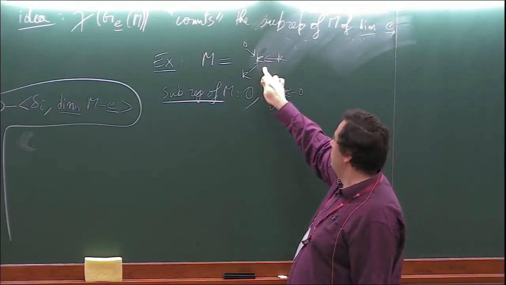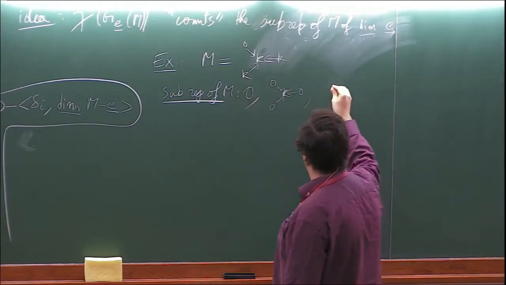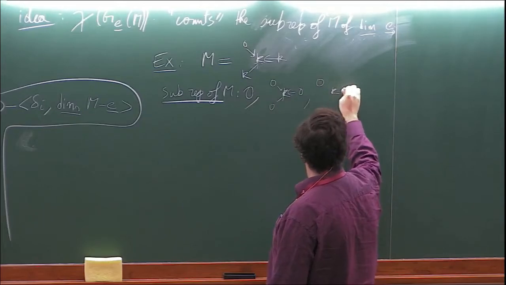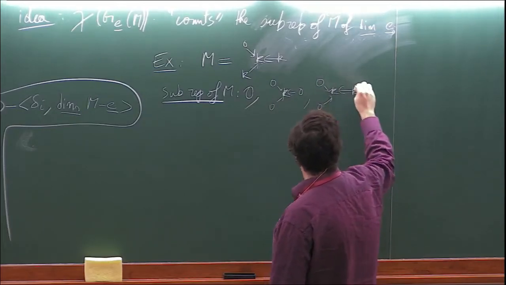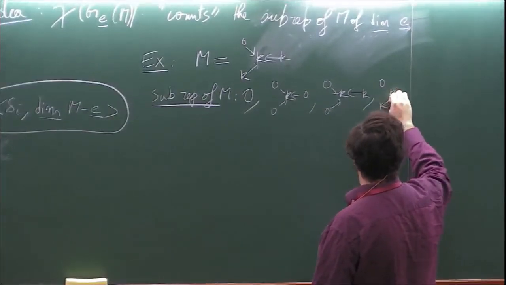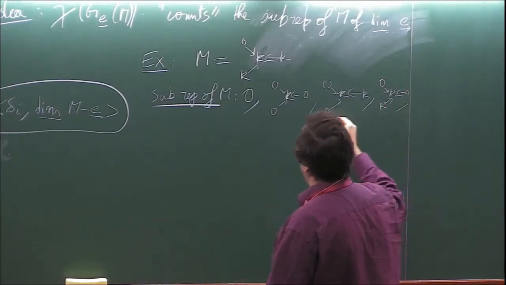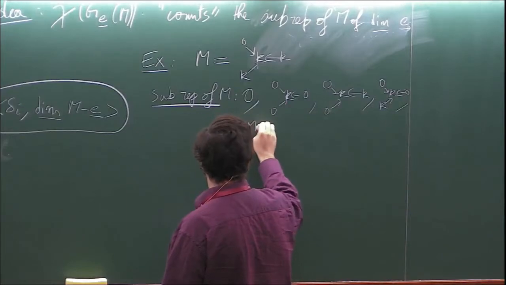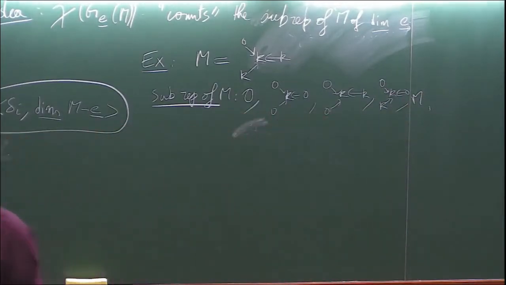So now you need to wonder if you can add that or that, and actually you can add them independently. So you have this one, with an arrow everywhere. Then you have also this one. And then obviously you have a fifth one, which is M itself. M is a sub-representation of itself. And that's all. You have only these 5 sub-representations.